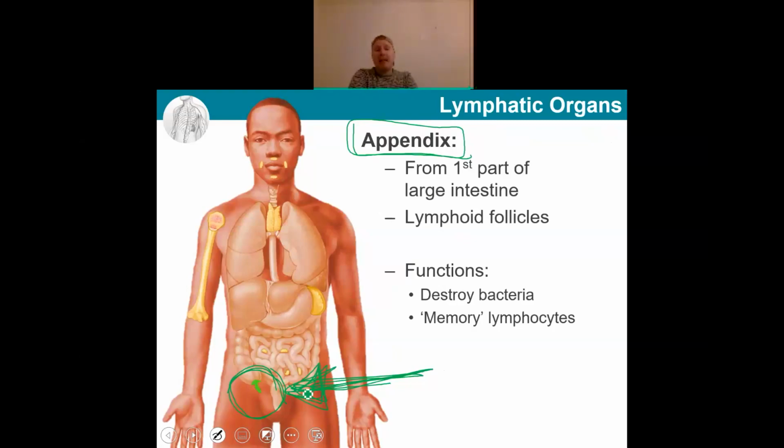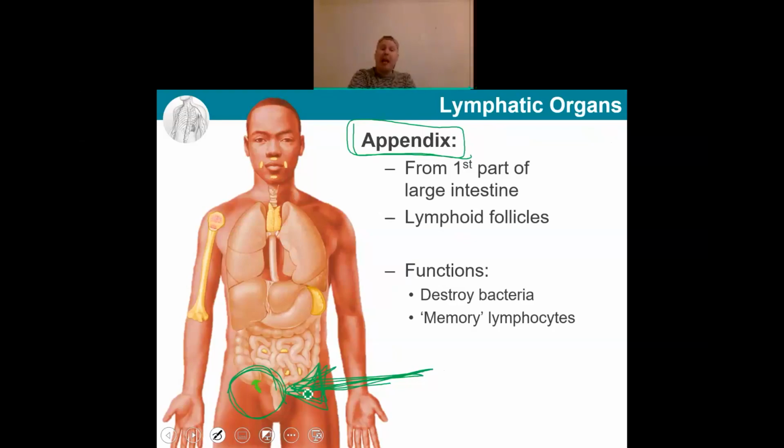Back in the day when we ate a more plant-based diet, it's where the bacteria that's good for digesting plants was housed. If you think of cows, for example, cows eat grass. They've got multiple stomachs for this process of digesting a plant-based diet because it takes a little bit more effort. So the appendix served the purpose that that's where we house those bacteria.